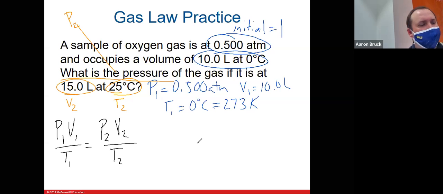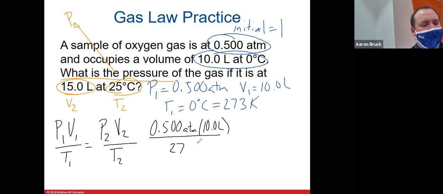I can now start to put in my numbers. For P1, I had half an atmosphere, 0.500 ATM. For volume 1, I had 10.0 liters. For T1, I did the calculation already, 273 Kelvin. On the other side of the equation, P2 is what I'm solving for, so I'm going to just leave it as P2.